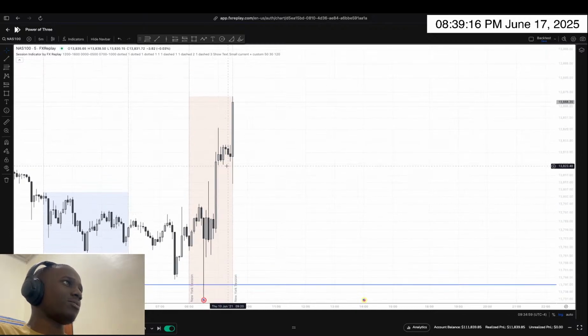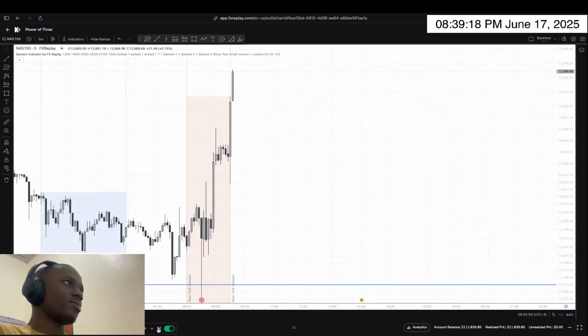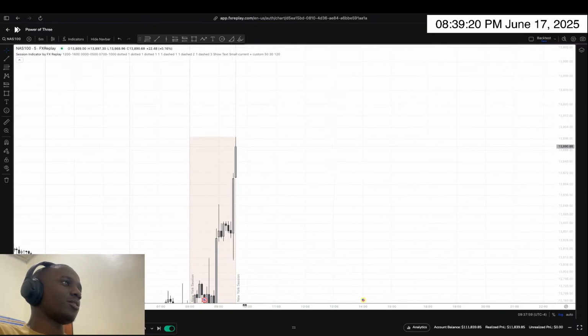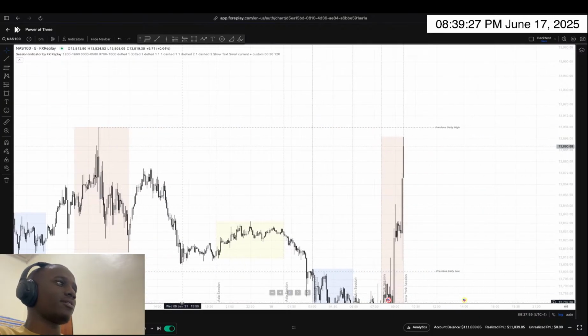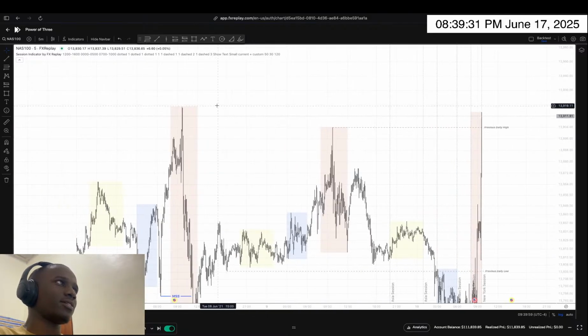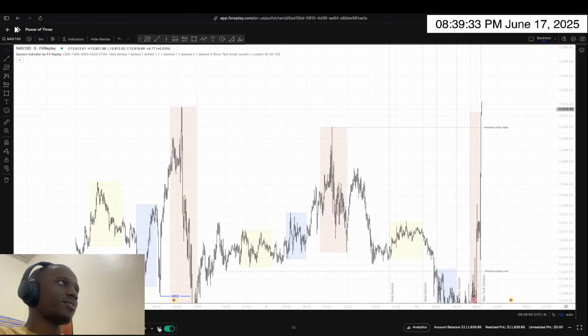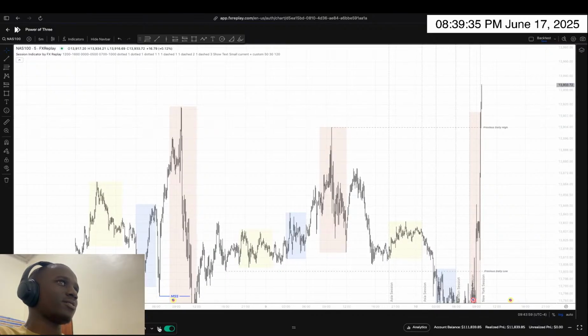Well, we get a small retracement, then a really crazy push. And what would our next draw on liquidity be? It's obviously this high, the previous daily high, which means by the end of the day we will tap into that, and the next will be there, and we also take that level out.